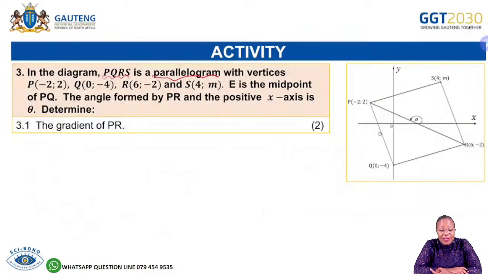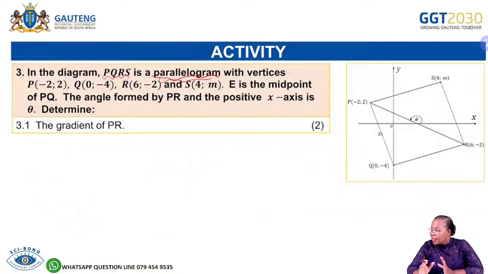Being your quadrilaterals, you must know the properties of a square, a rhombus, a kite, a parallelogram, and so forth. So the minute you see the word parallelogram, the properties must come automatically: that opposite sides are equal and parallel. Okay, that is your parallelogram.